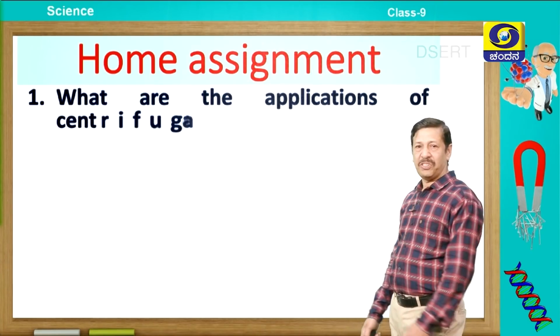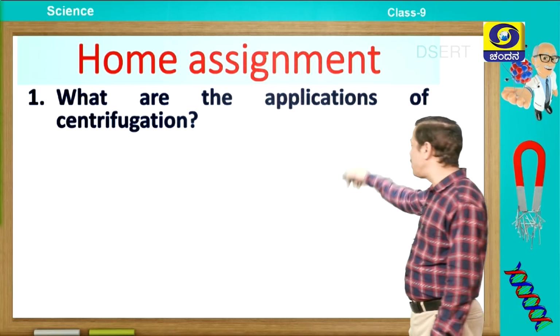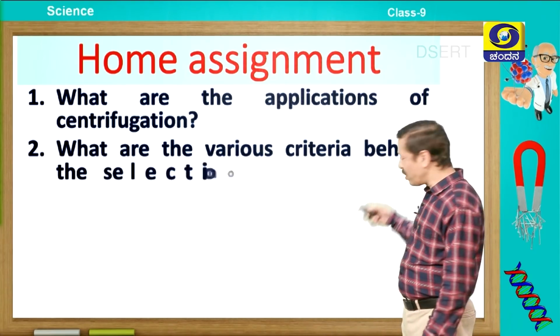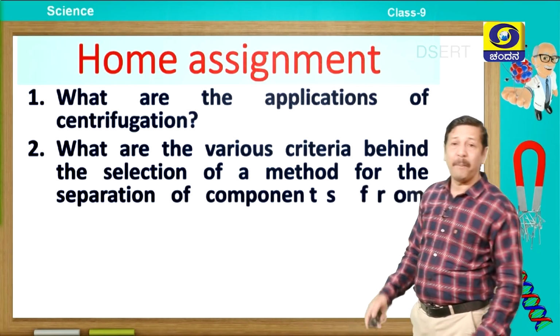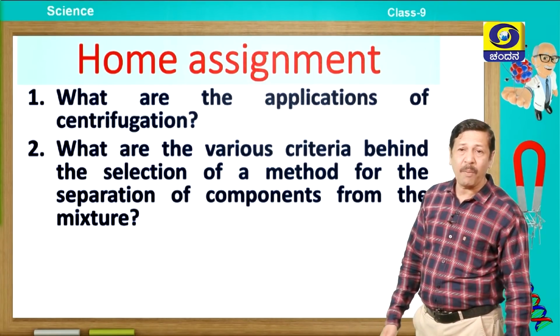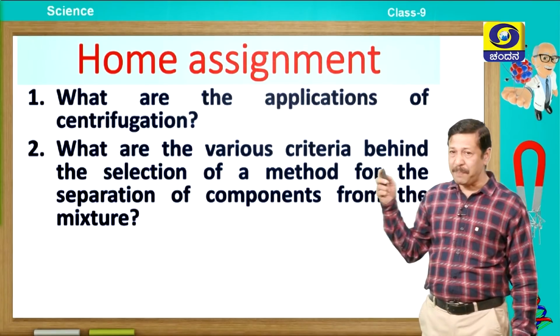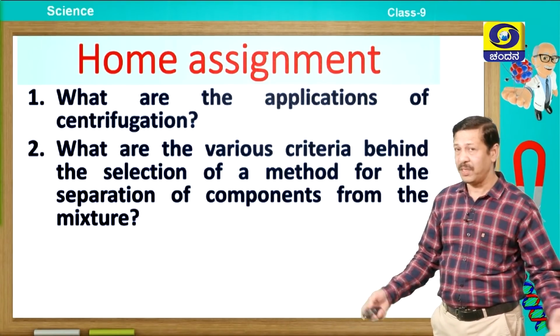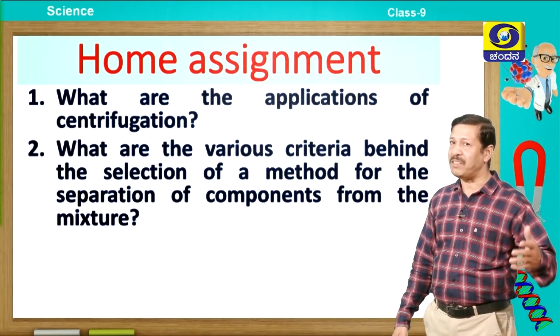Here are the questions. What are the applications of centrifugation? Then what are the various criteria behind the selection of a method for the separation of components from a mixture? Already I told you. I hope you remember all these things.